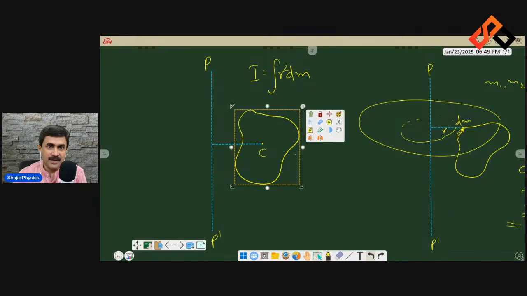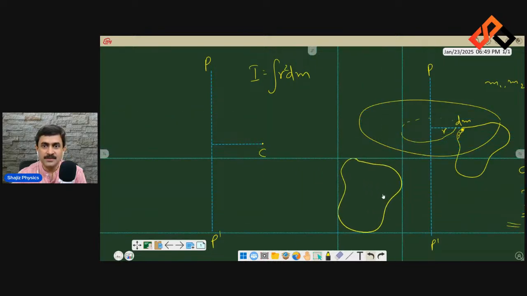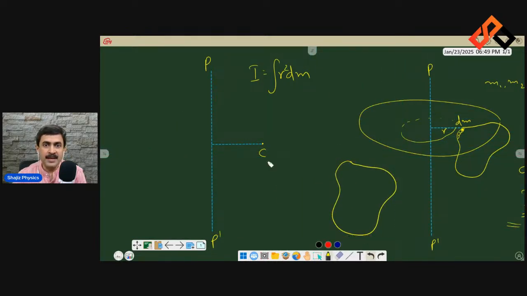Let me change this object. I'm replacing this object and taking a point object, which has the same mass as the whole body. This is a point mass, but its mass is equal to the mass of the whole body.